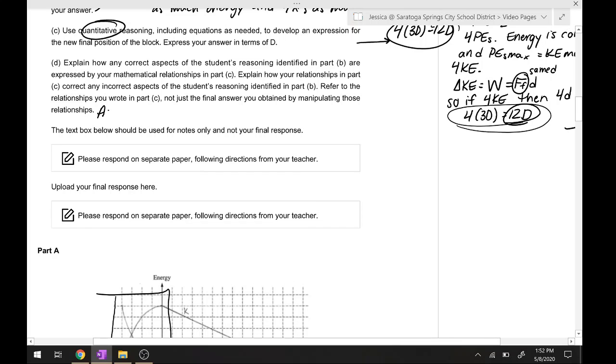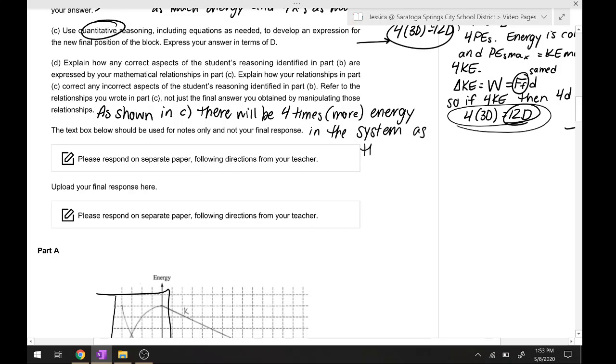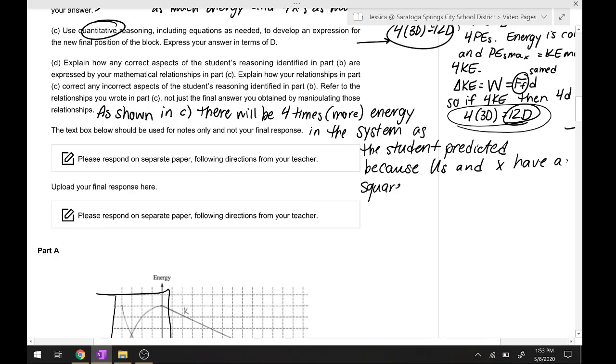Okay, so as shown in C, there will be 4 times or more energy in the system as the student predicted, because U_s and x have a square relationship.